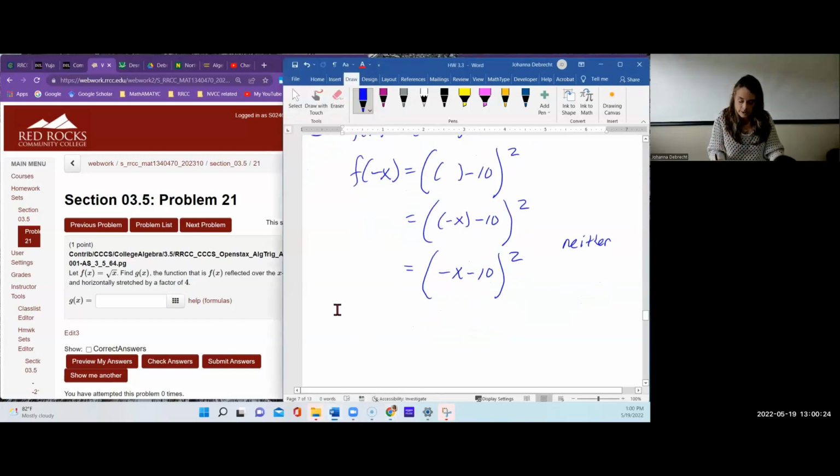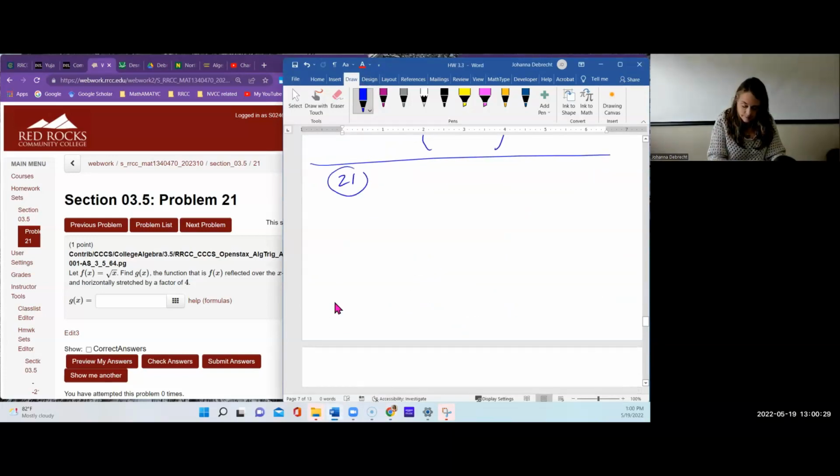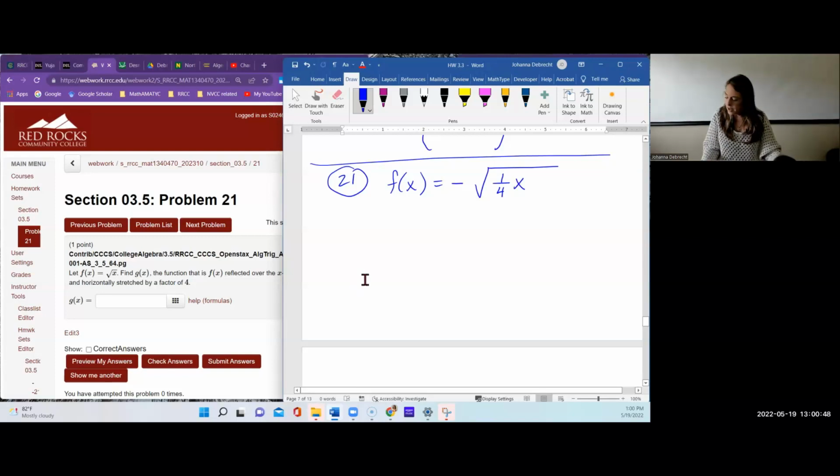Let's write down what we expect this one to come out to be. I think the reflection over the x-axis is going to transform the function to become a negative multiplied by the square root. The horizontal stretch by a factor of 4 is going to be the opposite to what I expect. So it'll be a 1/4 instead of a 4 multiplied by x under the square root.